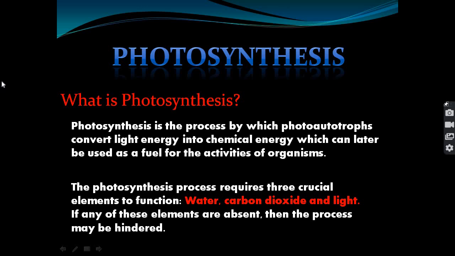That is, plants absorb sunlight and convert this light energy into chemical energy to produce fuel or energy for the activity of organisms. For the process of photosynthesis to occur, it requires three crucial elements, namely water, carbon dioxide and sunlight. If any of these three elements are absent, the process may be hindered.